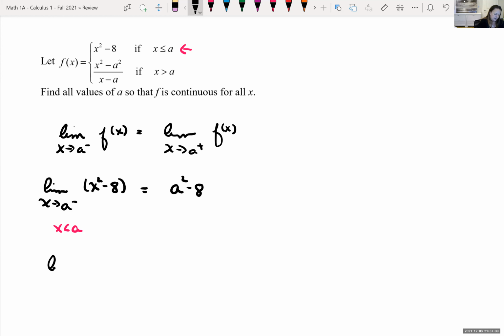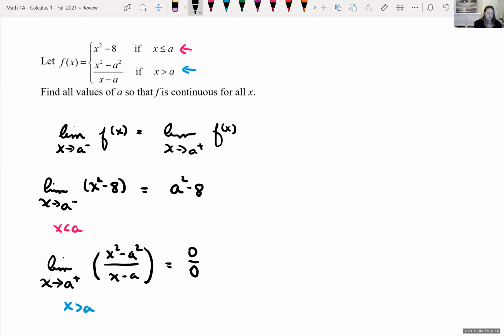If we're looking at the limit as x is approaching a on the right, so this time we're looking at values of x which are bigger than a. So we're coming in on the right-hand side. So that tells me that we need to use this second equation. And if we go in here and we do our direct substitution, I notice that we're going to get that indeterminate form of 0 over 0.